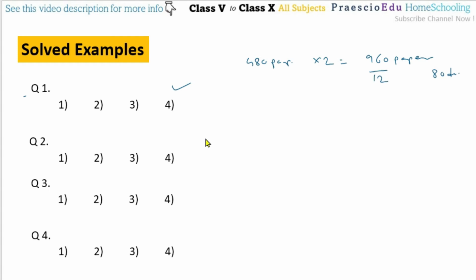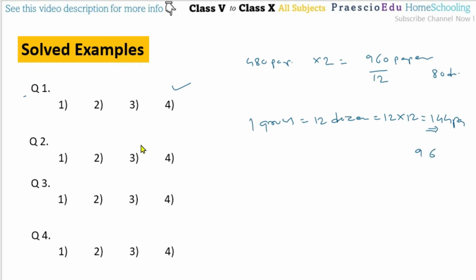Please understand, 1 gross is equal to 12 dozen, and 1 dozen is equal to 12 papers, means we can say 12 multiplied by 12 is 144 papers. So 1 gross is equal to 144 papers. So as per this, 240 papers minus this consumed 144, we get 96 papers.